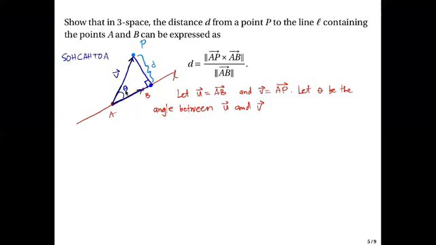So according to SOHCAHTOA, particularly this part here, the SO, sine of theta is equal to the opposite over the norm of v.